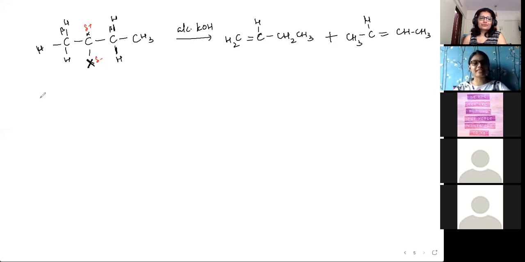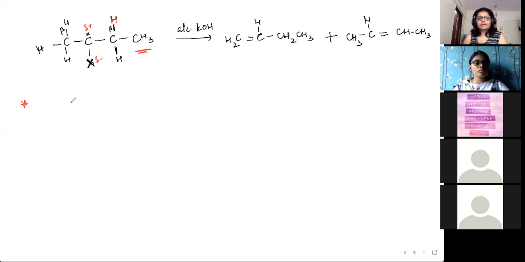Okay. So basically what happens is, as Mithali said, the presence of extra alkyl groups stabilizes things, even if this carbon were to lose a hydrogen, it is going to stabilize whatever is happening here.